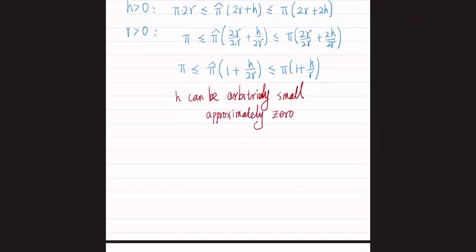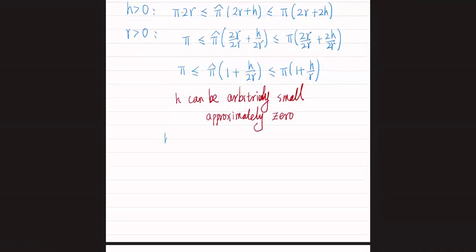Okay, now let's see what happens if we replace H by 0. So we have this kind of trivial inequality.